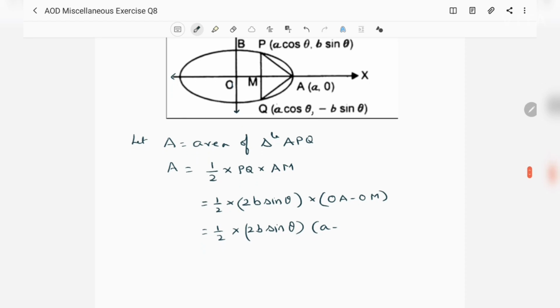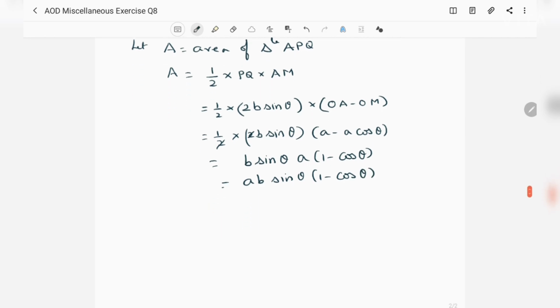So a minus a cos theta. So 2 gets cancelled here and we get b sin theta. If I take a common, I get 1 minus cos theta, which is equal to ab sin theta into 1 minus cos theta. So this is the function A which is to be maximized. A equal to ab sin theta into 1 minus cos theta.